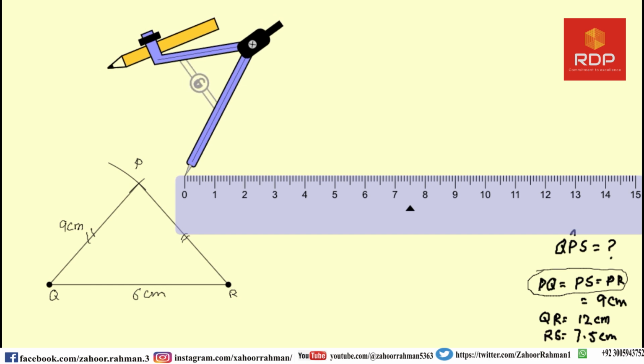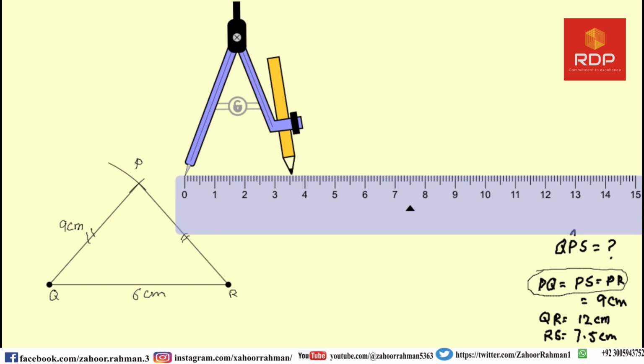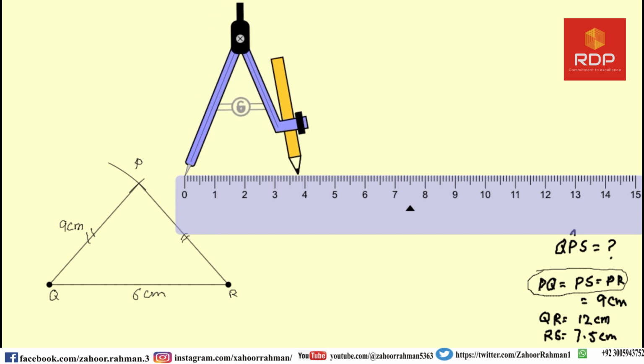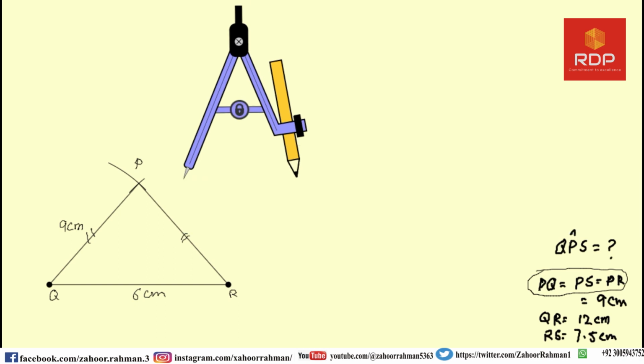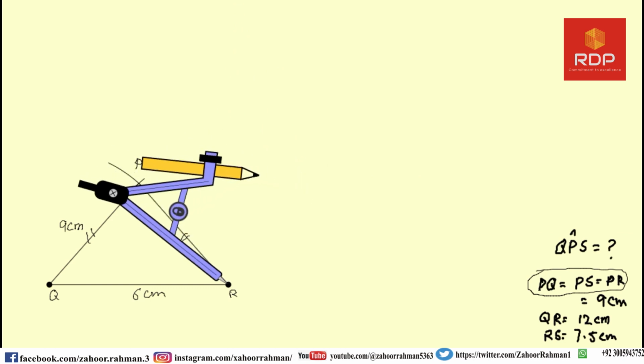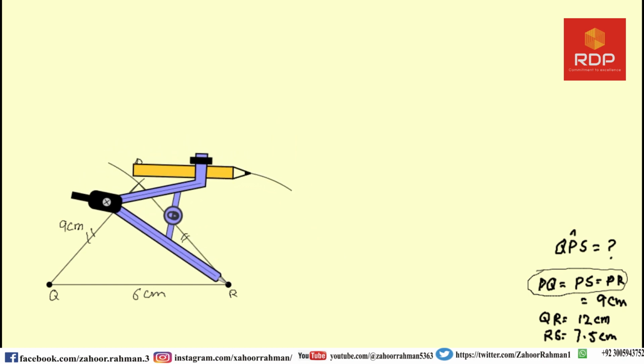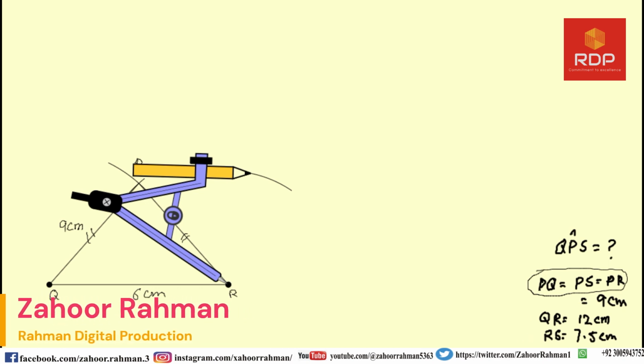Then I have to open it as 3.75, so it will be 3.75, and then I have to draw an arc here of 3.75. Now next and the final step is that we have to draw a 9 centimeter PS.